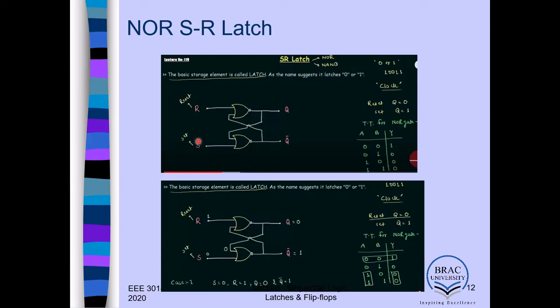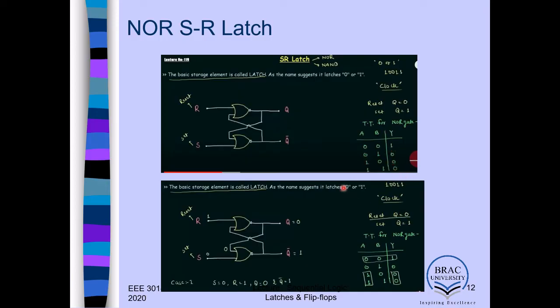Set means our Q will be 1, reset means our Q will be 0. This is the typical truth table for a two input NOR gate. For a two input NOR gate, if both of the inputs are 0, then output is high, otherwise output is low or 0.